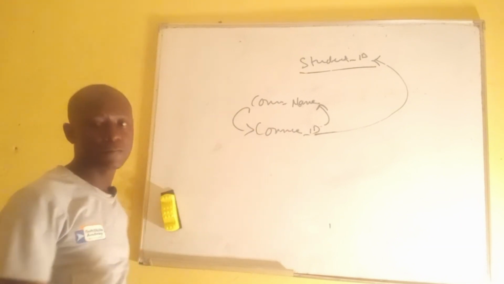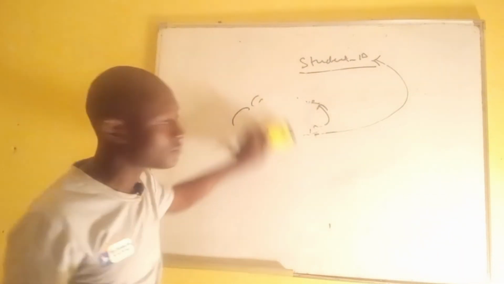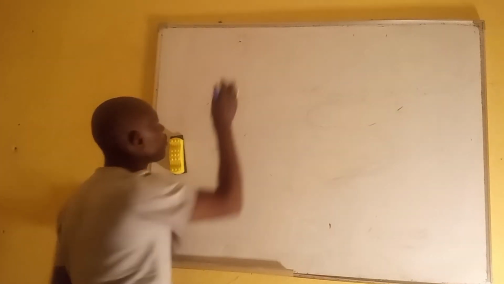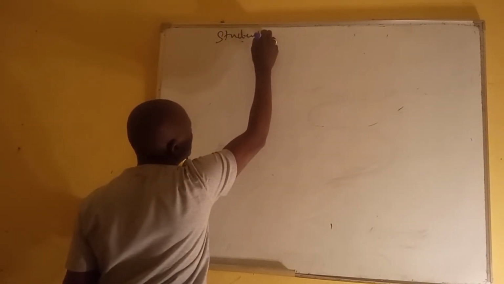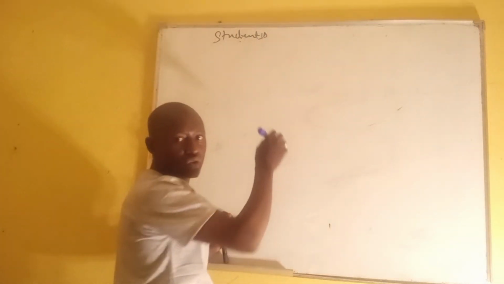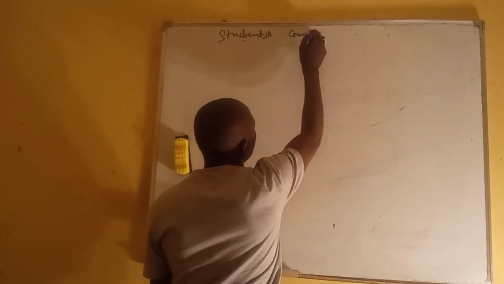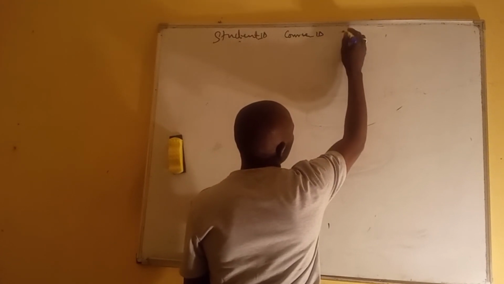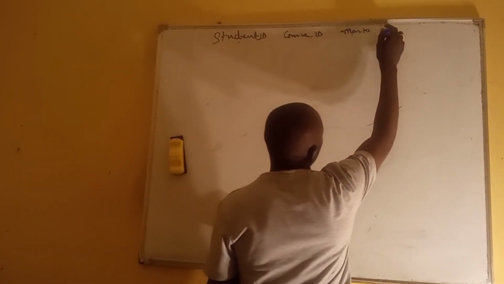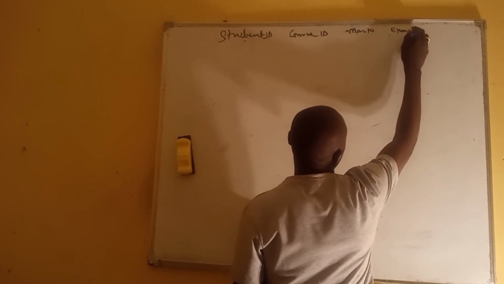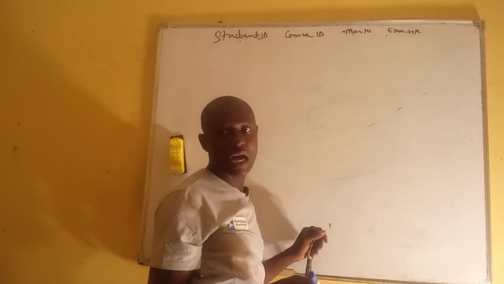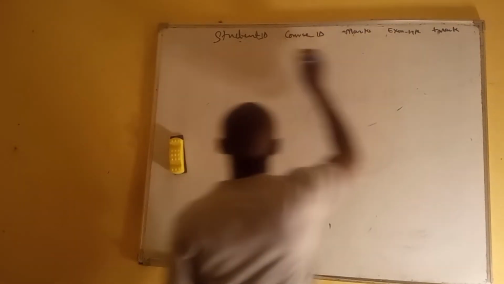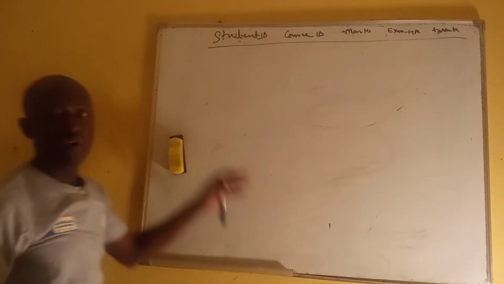Looking at the first instance, we look at this table where you have student ID, course ID, marks or score, exam type, and total marks.